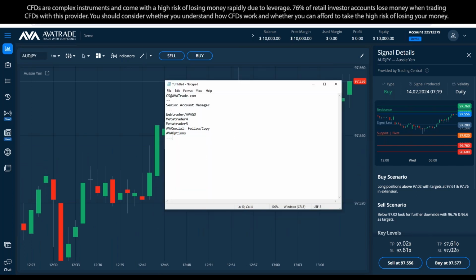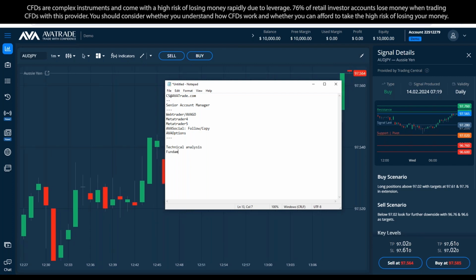When we're analyzing, there are two kinds of analysis. We have technical analysis, and we have fundamental analysis. The way that this works is technical analysis is what is in the chart, fundamental analysis is what is not in the chart.